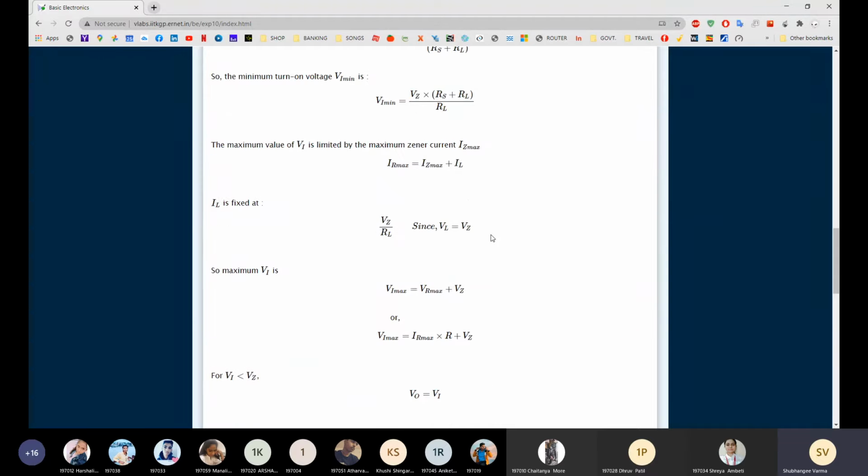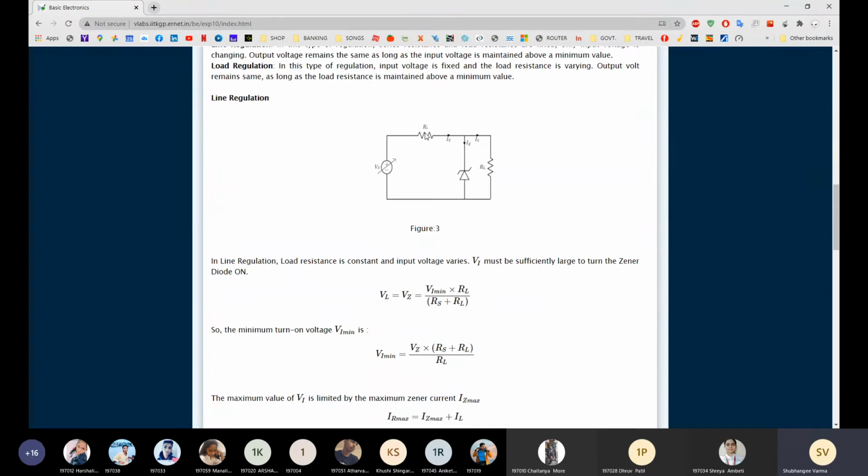By seeing load and line regulation, we can say whether the regulator is good or bad. If the line and load regulation are both as small as possible, then your regulator is very good. But if you change the input voltage and there is a drastic change in load current, the regulator is not good.